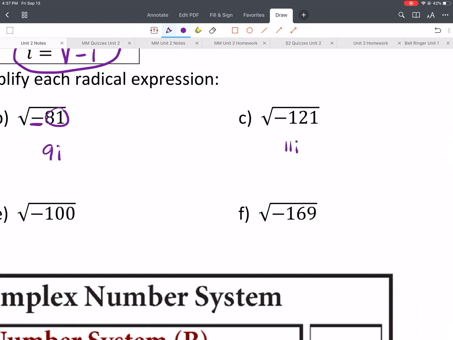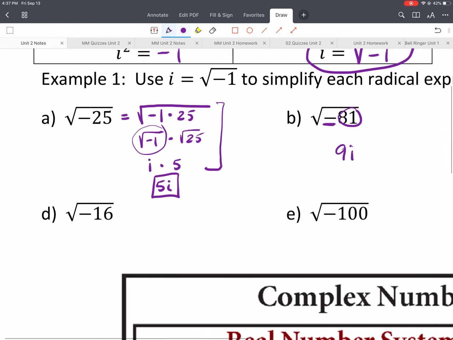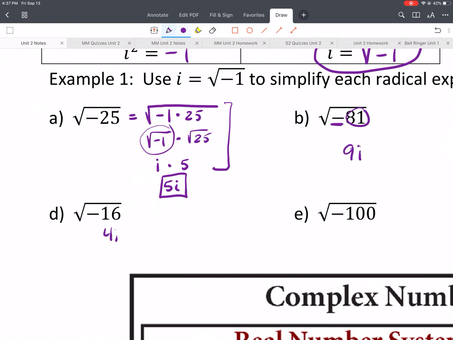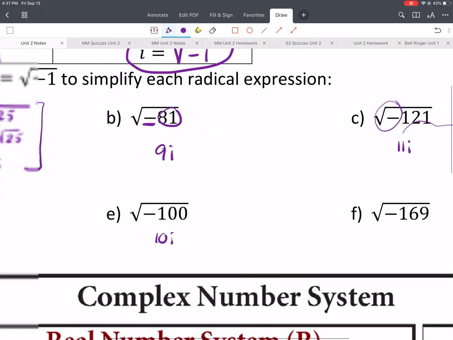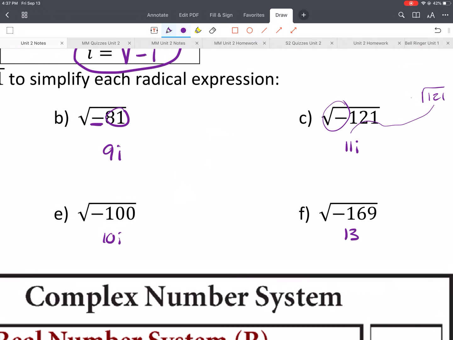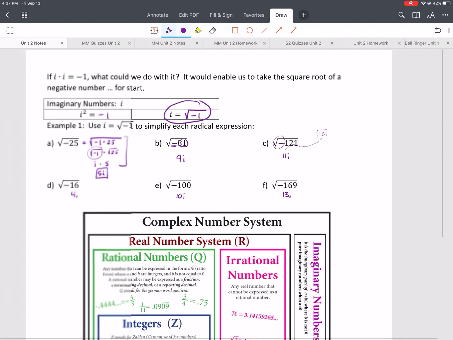If you didn't know the square root of 121, just plug it in without the negative, and that will give you the 11. Then the square root of a negative gives us an i. So here we've got 4i, 10i, and I think it's 13i. Okay? That shouldn't be too bad.